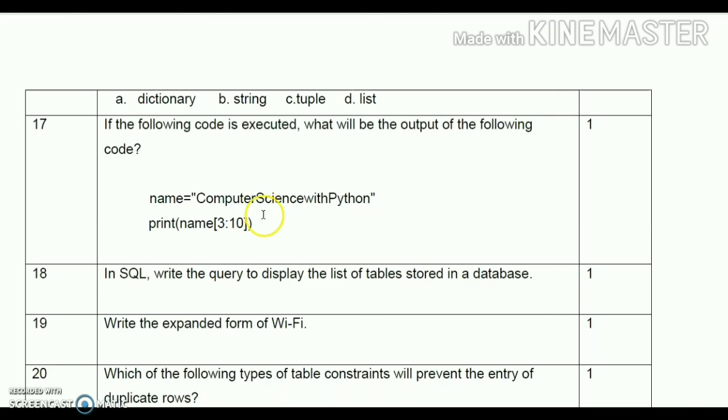So the answer will be PUTERSC, not computer. P is the third position and the slice goes up to position 9, since the 10th is excluded. So the answer will be PUTERSC.